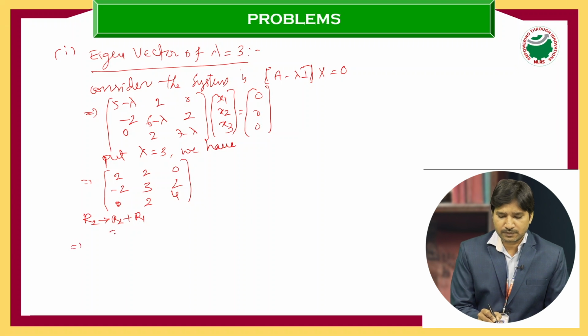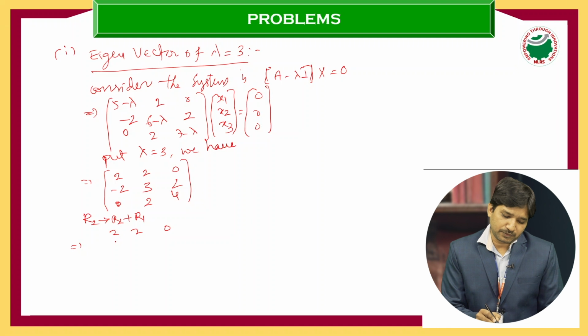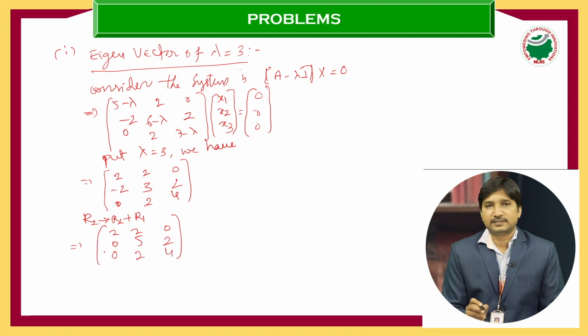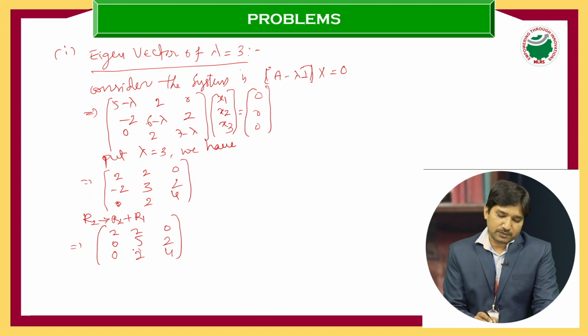Therefore: 2, 2, 0; R1 plus R2 gives 0, 2 plus 3 is 5, 0 plus 2 is 2; and 0, 2, 4. This row is as it is.